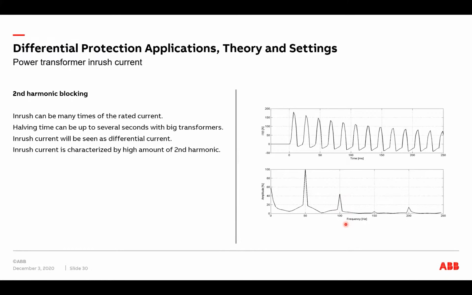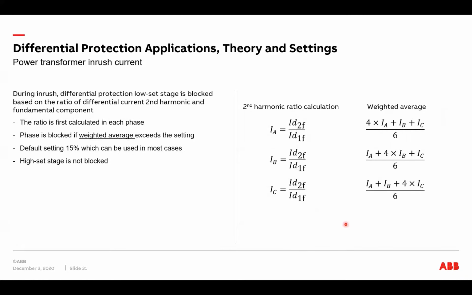So what we can do here is measure this second harmonic, and if it's available in the current measurement, then we block the differential protection. And it is done in this way: first of all, we calculate the ratio of the differential current for the second harmonic and the fundamental component.